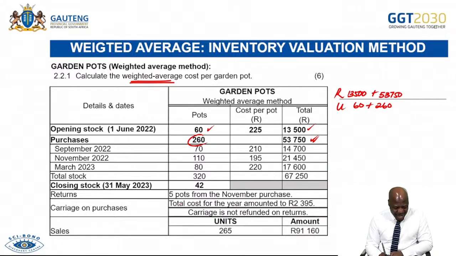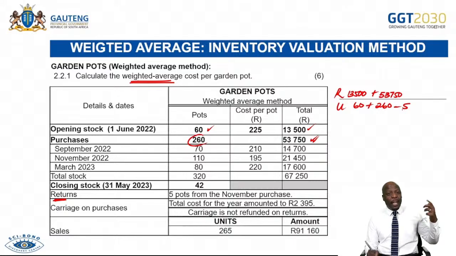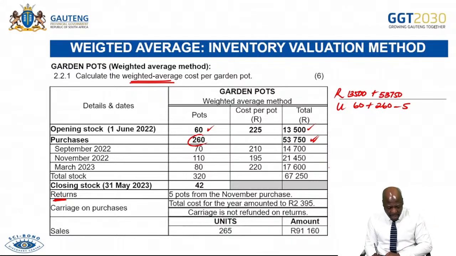All right. Where do I go now? Oh, I see returns here, and they say 5 pots. Once I hear 5, I record it already. 5 pots were returned. I subtract because they've been returned back to the supplier. Do we still have them here? No. So we subtract those 5 that were returned. But I need the value of those 5. I'm told they were from the month of November, so they want to give me the cost per unit.